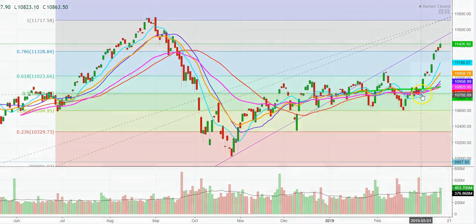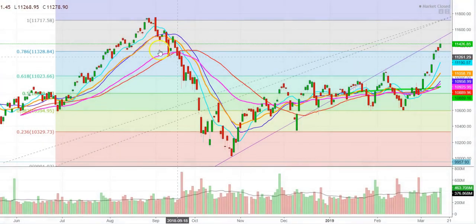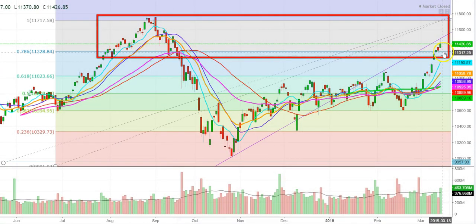No doubt that all these moving averages indicate some more upward moves may be there, but I find that this zone from 11,317 up to 11,717 is a bull-trapping zone, where we have already witnessed the Nifty bulls trapped inside this zone when the market moved upward in September-October 2018.